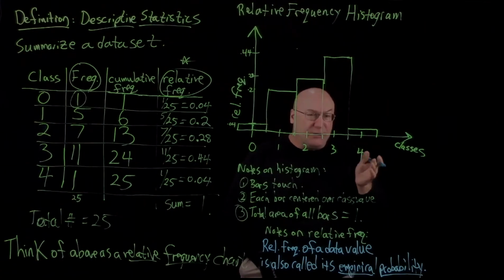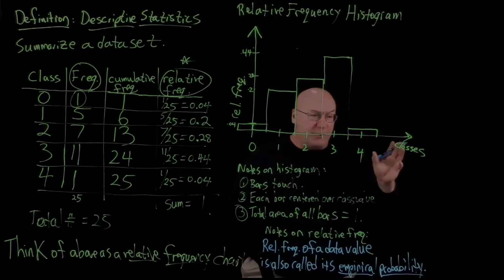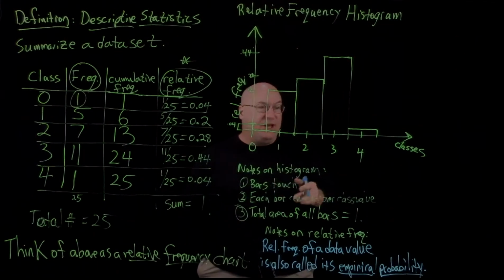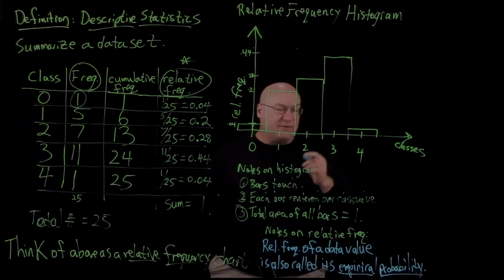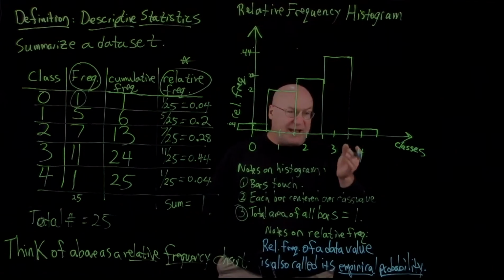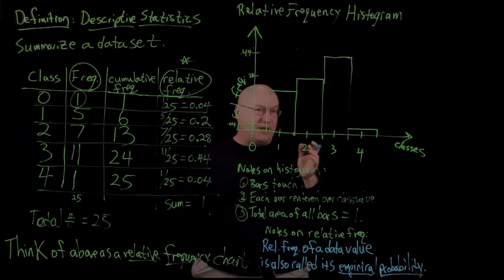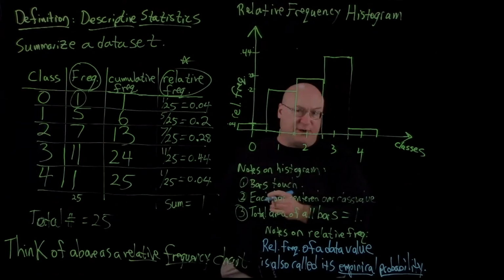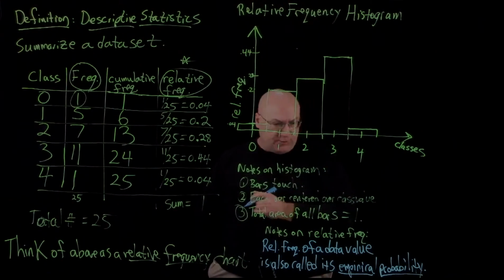I'm saying that if you grab a couple at random out of this set of 25, the empirical probability that they'll have 3 cell phones is going to be 44%. Right? So it represents the likelihood, which is represented by the proportion of that data value occurring in the whole data set.